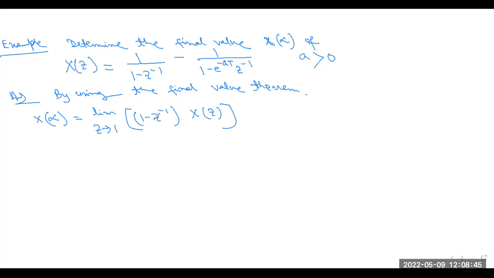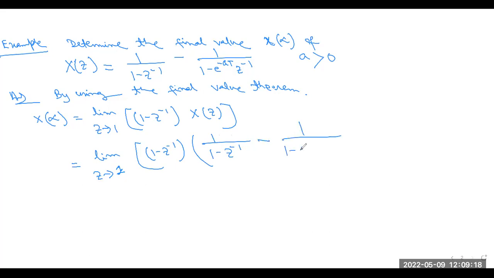You know this mathematical expression from the final value theorem. Now you put the value of X(z): 1 by (1 minus z inverse) minus 1 by (1 minus e to the power of minus aT z inverse).